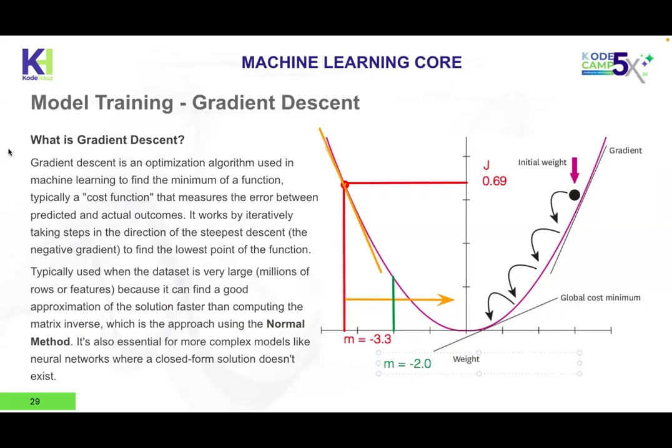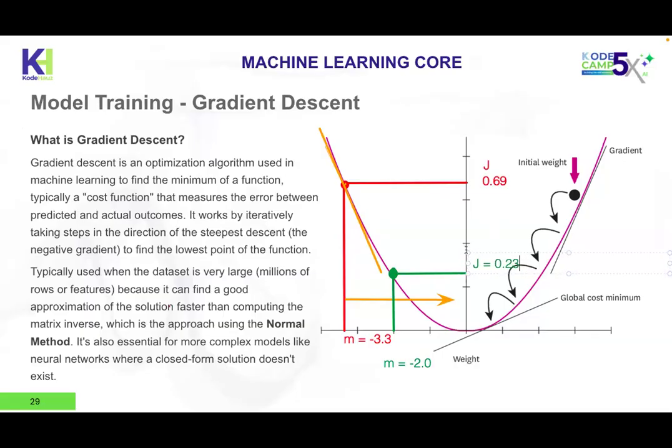If I then take that value at this point and draw the corresponding value on the cost function side, you now have that the cost is lower. So we'll have J being about, let's say, 0.23.